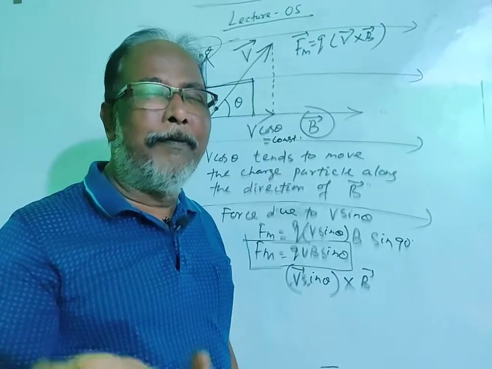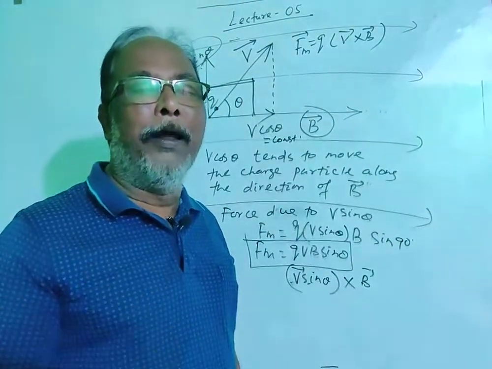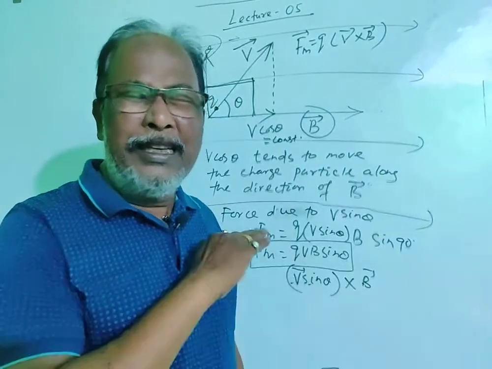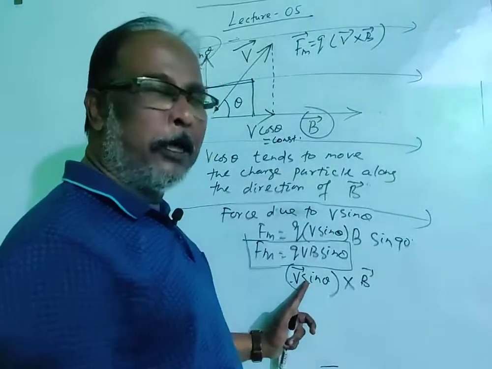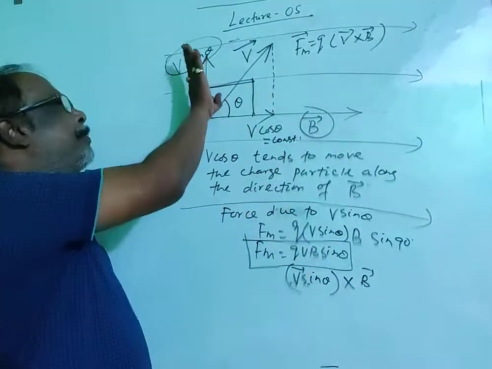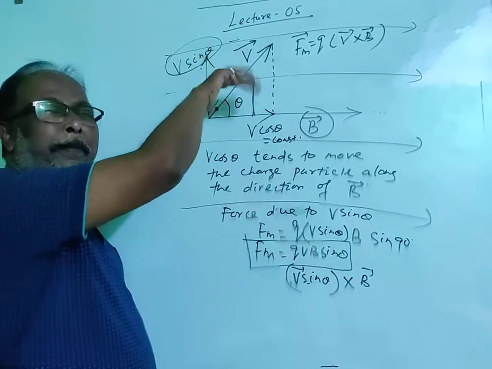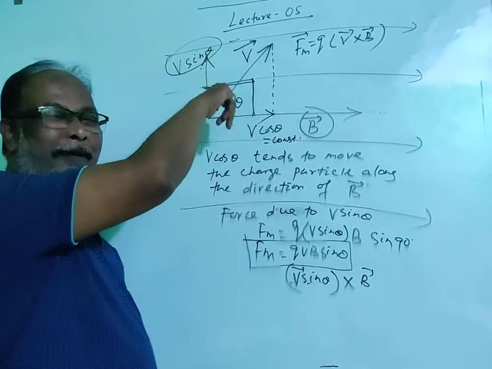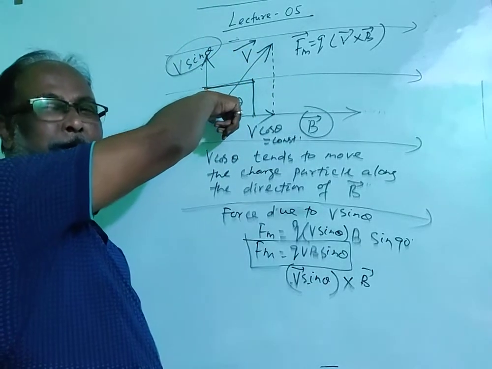Of course, there are rules: Fleming's left hand rule, Fleming's right hand rule. We'll discuss it and apply it at a later stage. Here, in a simpler way, the direction of the cross product of v sin theta and B: the angle between them is 90 degree. As per the right hand thumb rule, the direction of force is inward.